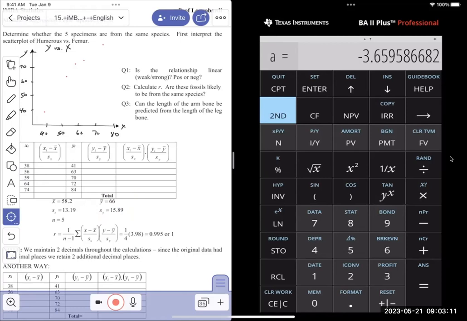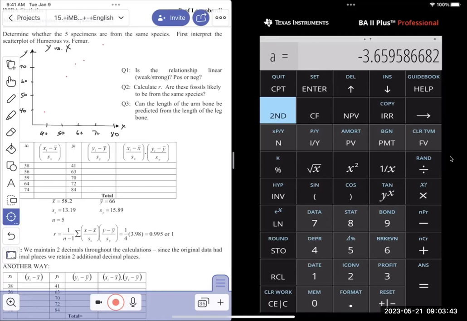This is A, the y-intercept of that linear relationship. So it's a negative 3.65. How do I see that on the graph? And then the B is 1.2 approximately.